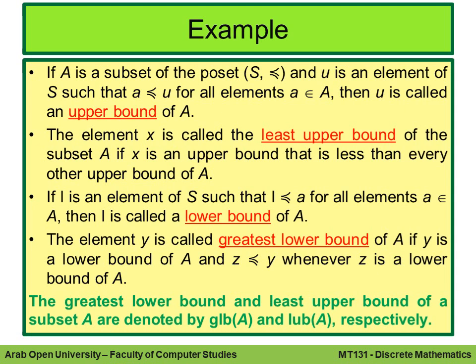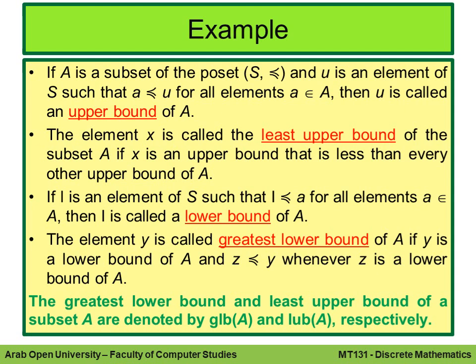Notice that the upper bound does not necessarily have to be in the set itself, but an upper bound has to be larger than any other element in A. This is called an upper bound. What the upper bound looks like depends on the relation, but it has to be something larger than anything else in the set.